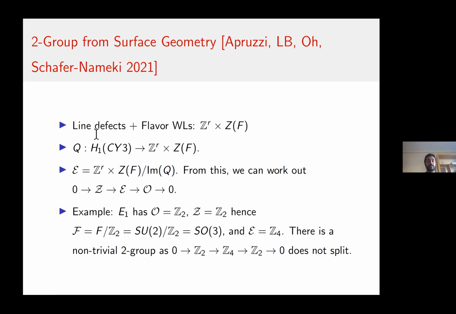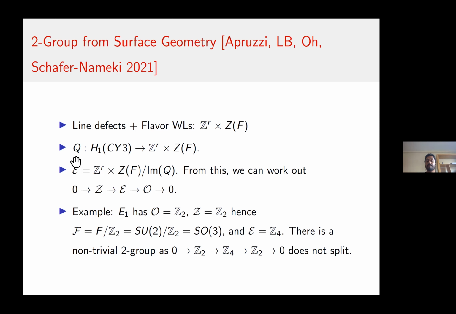And then from the point of view of the IR abelian theory, the line defects plus flavor Wilson lines form this lattice. The line defects form copies of the integer lattice, and the flavor Wilson lines form the center of the flavor symmetry group F associated to the flavor algebra.